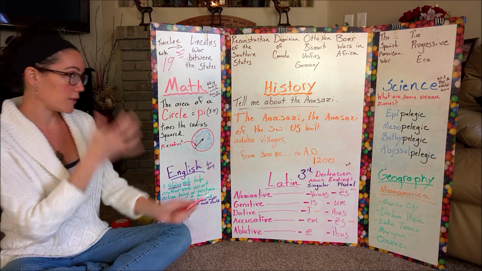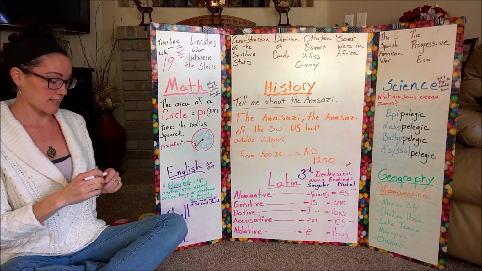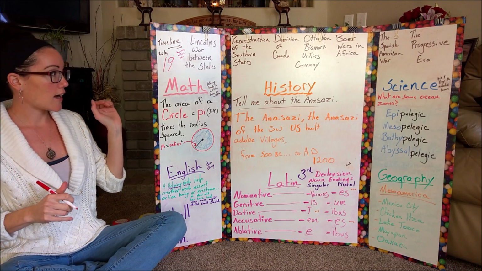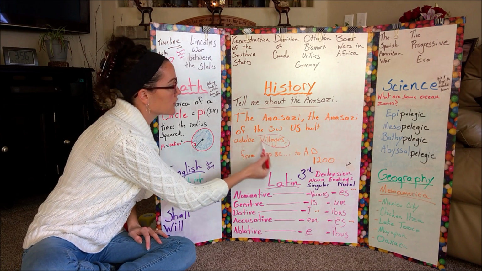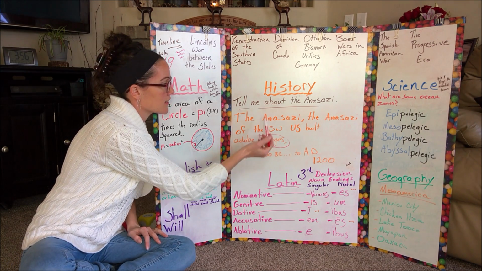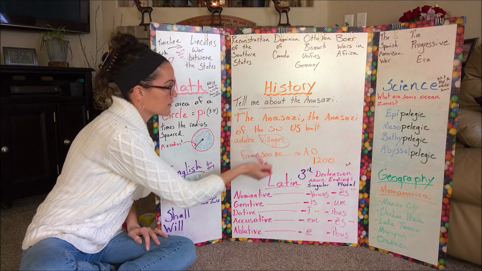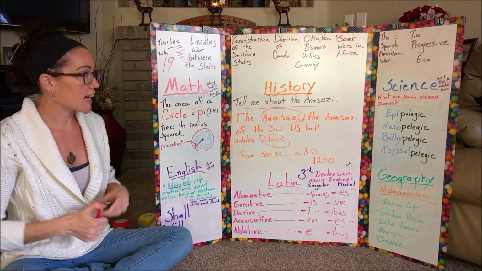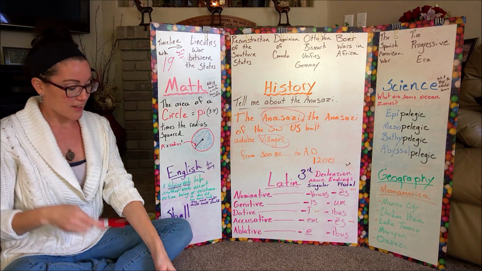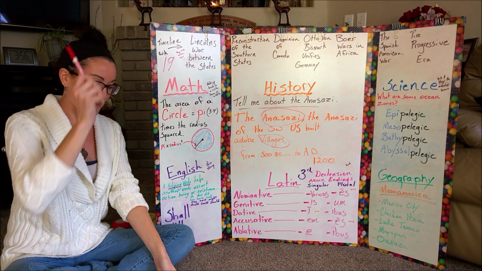And we will be doing popcorn with the history sentence. Popcorn is when I pick like two words. Like I might go villages and let's say the first Anasazi. And then when we get to that, everybody jumps up. So the Anasazi, everybody would jump.